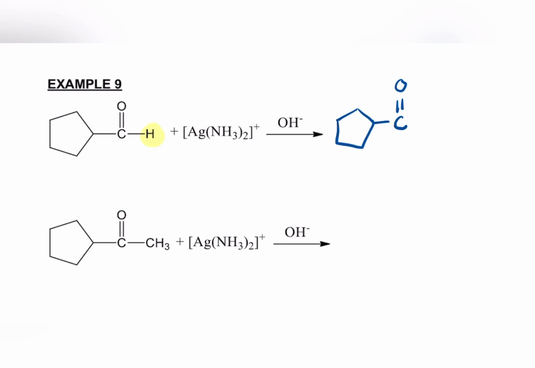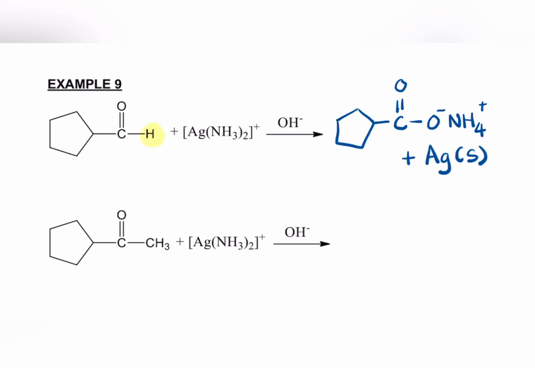And what's next? This bond will change to O minus and NH4 plus. And after that, don't forget the side product, which is plus Ag in solid phase. So this is the final product for this aldehyde.